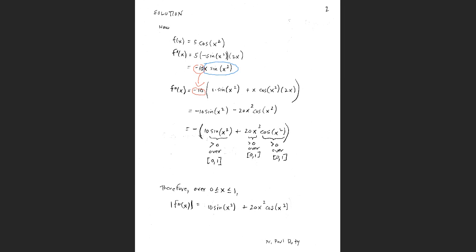So I'm going to have to use the product rule and the chain rule, which I do here. And this gets me that the second derivative of our function is negative 10 times the sine of x squared minus 20x squared times cosine of x squared. Please let me know if you have any questions.